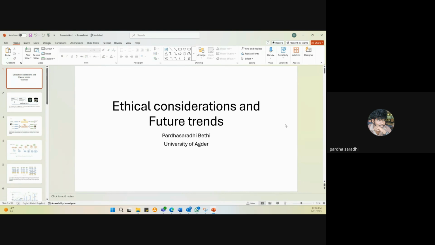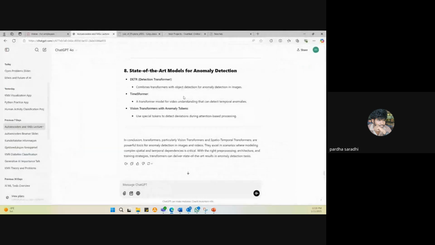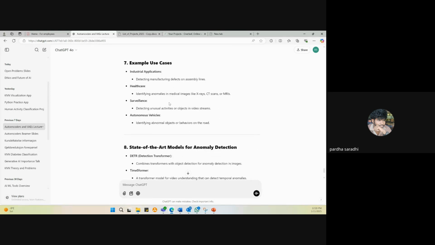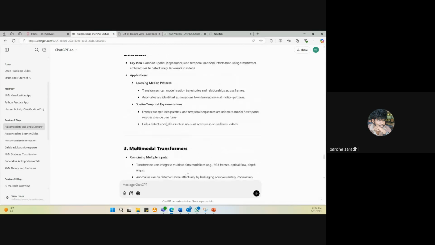In case it is something requiring visualization, for example the autoencoder decoder model I gave 2 days ago, I was asking it, I want to prepare the slides, could you please tell me how it can happen?